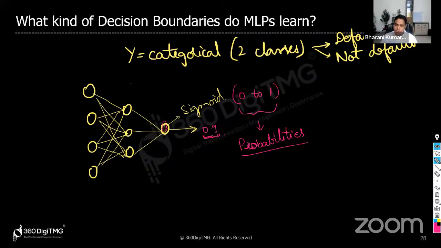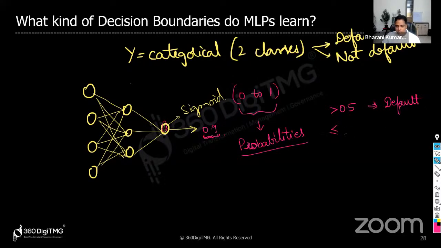Then we have not default also, right? And here, usually people take a cutoff as 50%, 0.5. If the final output is greater than 0.5, then you say that person will default.